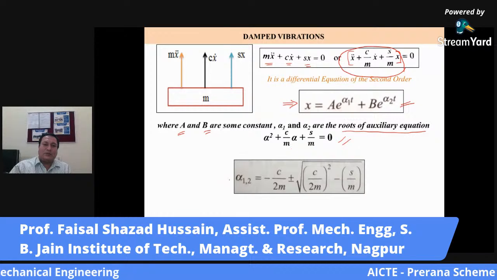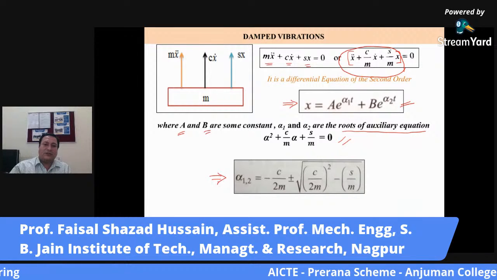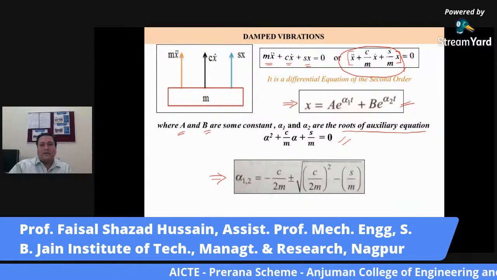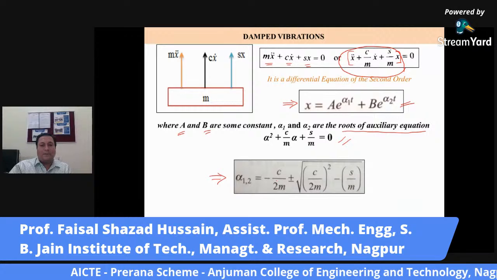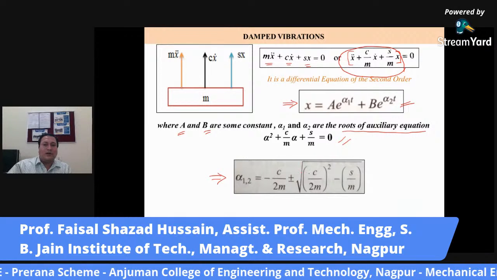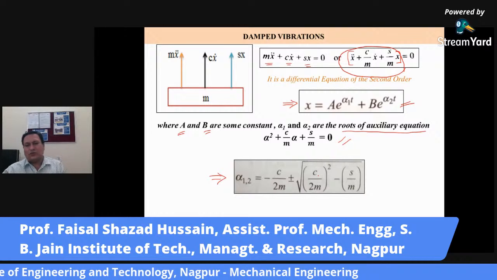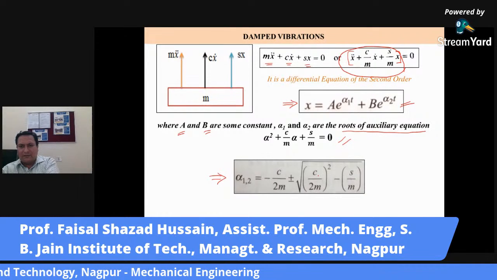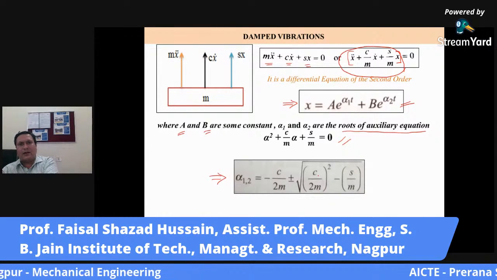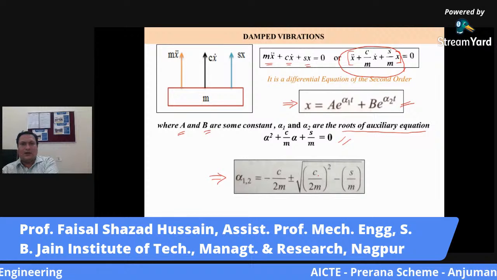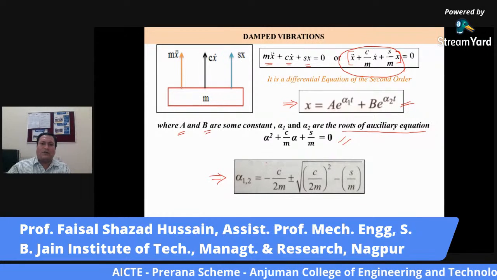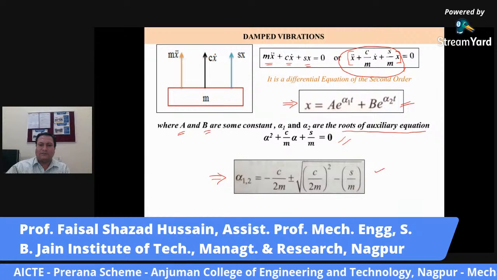And the expression for alpha 1 and alpha 2 is minus c upon 2m plus minus under root c by 2m the whole square minus s by m. Here I have just shown you the final equation so that we can save our time and complete the total damped and forced vibration topic. So after solving this we will get this equation.